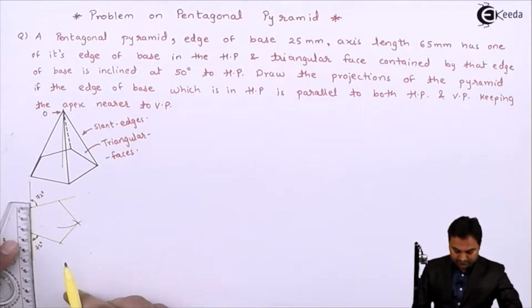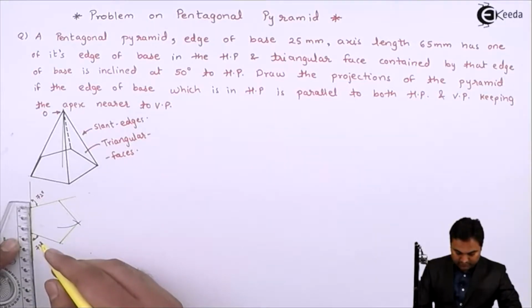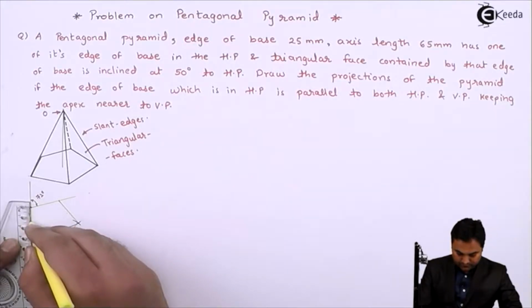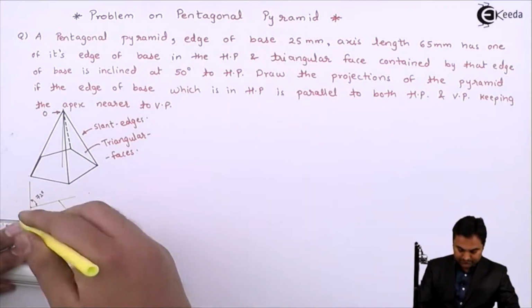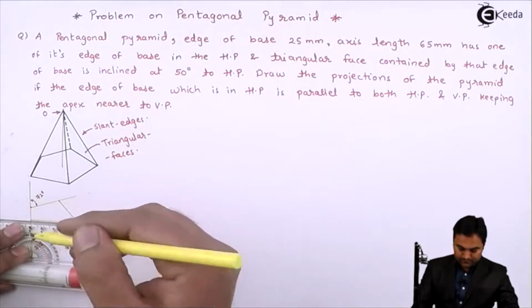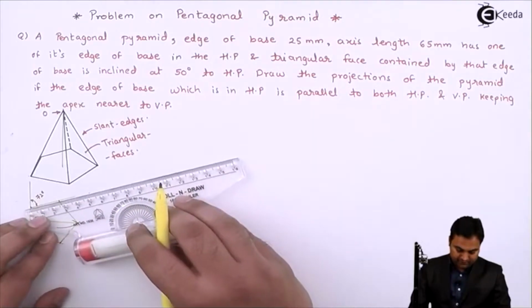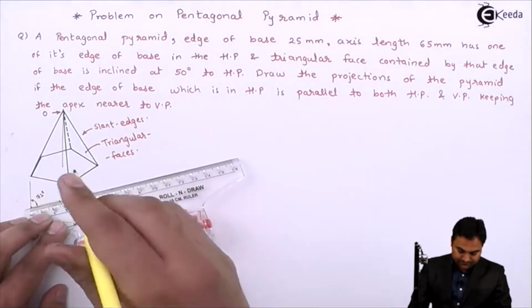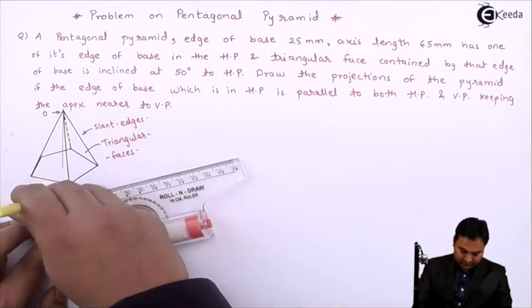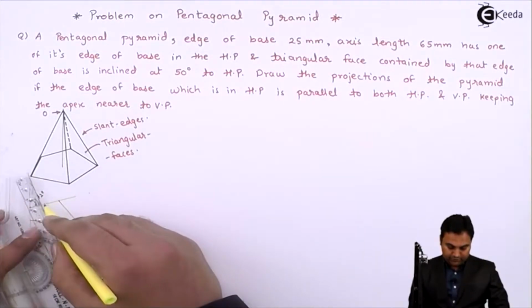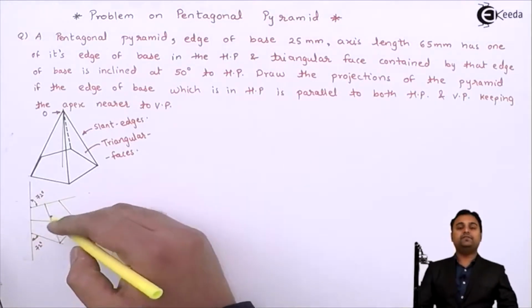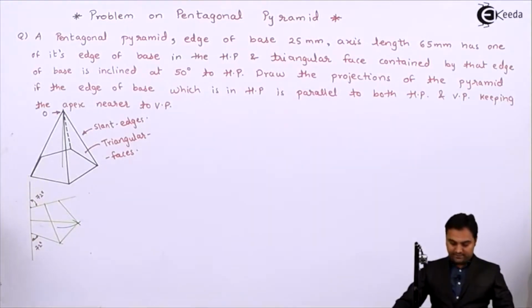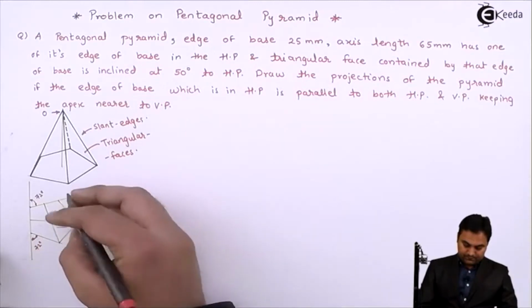Then keeping the midpoint of it. So half of 25, 12.5, joining it to the opposite corner. Then taking the midpoint of any one of the sides, taking half of that, so from the midpoint, joining it to the opposite corner, and where these two lines intersect, that will give us the apex, point O.